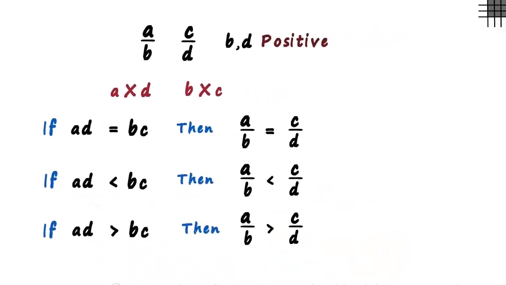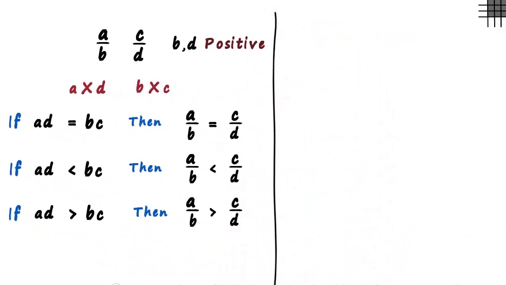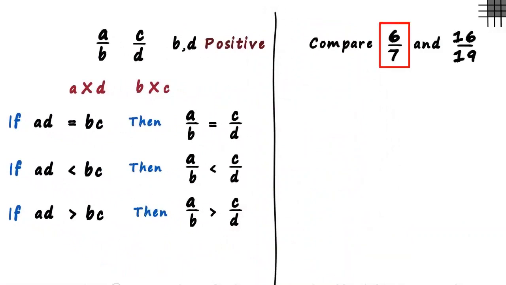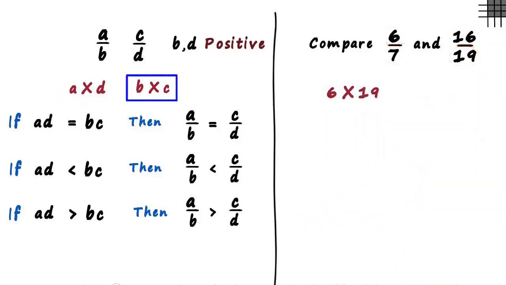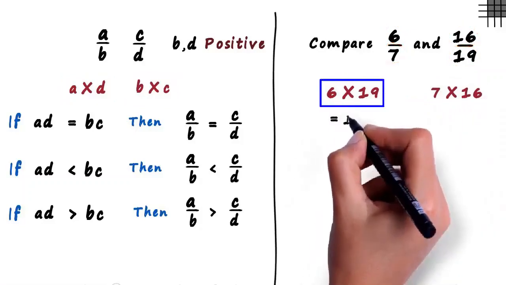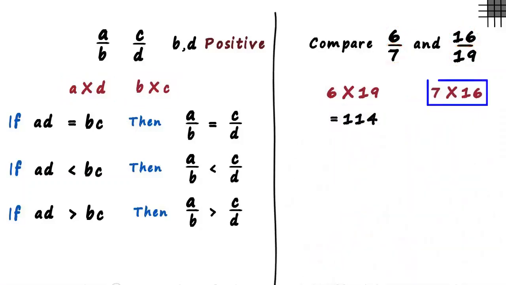Let's look at an example we saw a while back. We had to compare 6 by 7 and 16 by 19. So to compare these two rational numbers, all we need to do is compare the product of this integer with this one with the product of this integer with this one. ad in this case will be 6 times 19 and bc will be 7 times 16. 6 times 19 is 114 and 7 times 16 is 112.